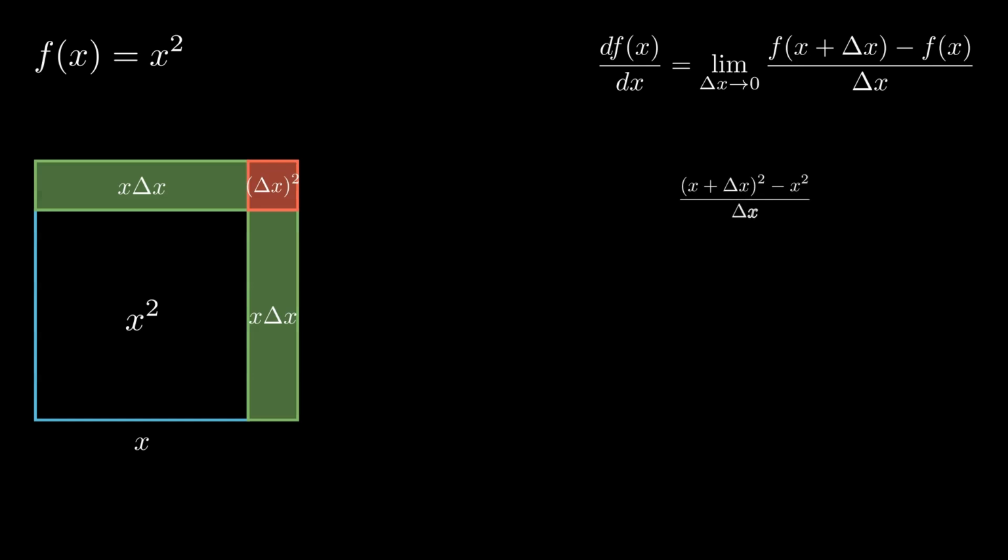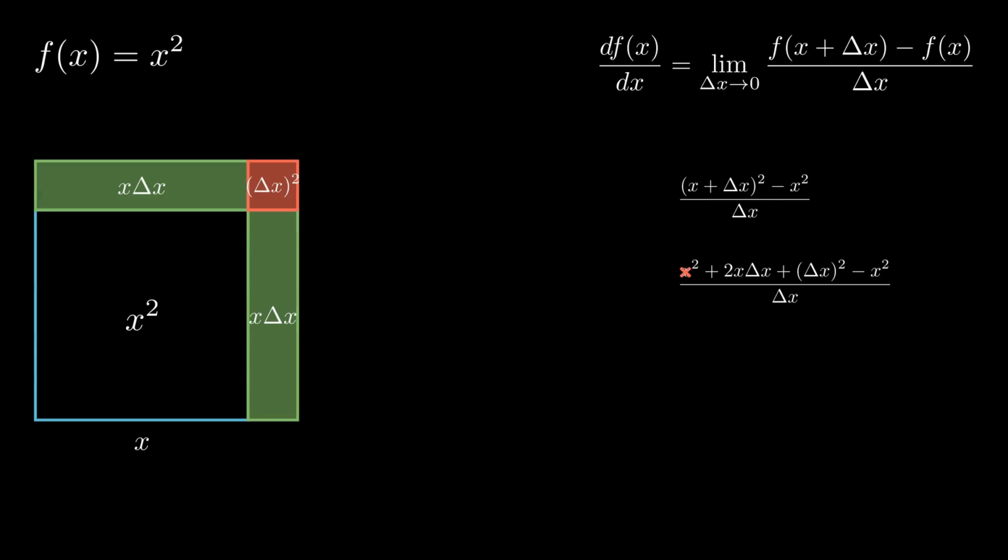Step 1, we take the difference quotient, x plus delta x squared minus x squared over delta x. Step 2, we expand the numerator, giving x squared plus 2x delta x plus delta x squared minus x squared, all over delta x.